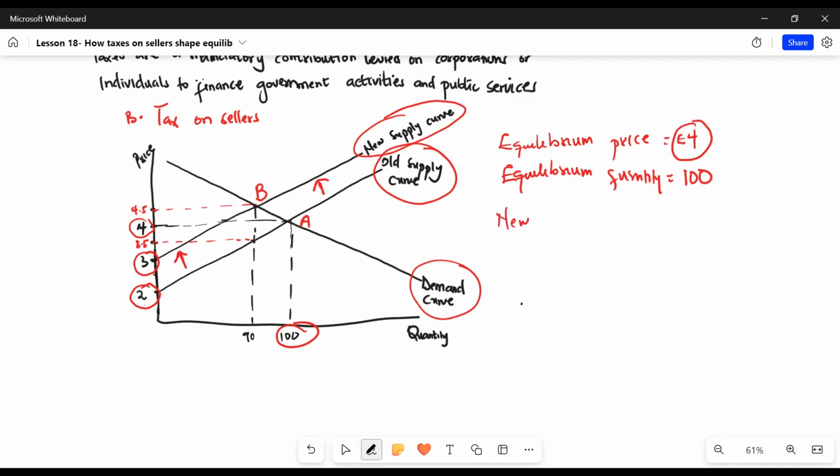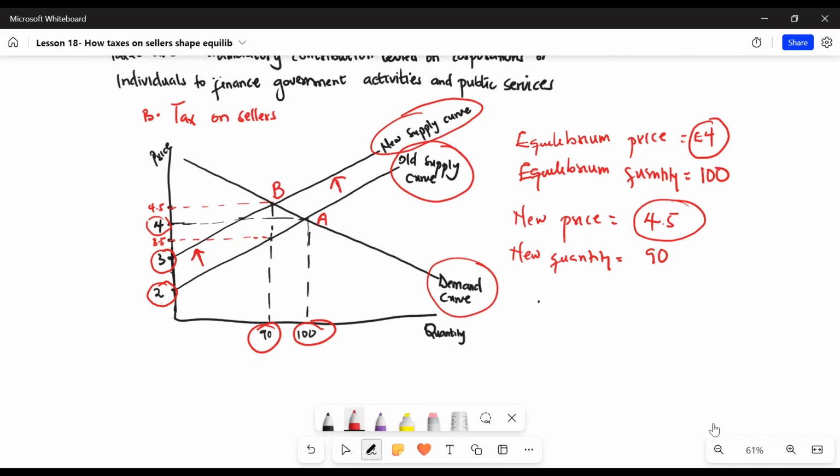So the new price is 4.5. And equilibrium quantity reduced from 100 to 90. So the new quantity is 90 apples. Now 4.5 here is the price that consumers are paying now.